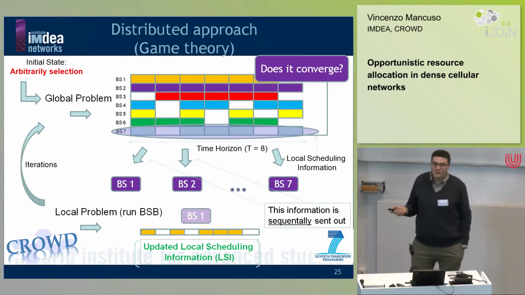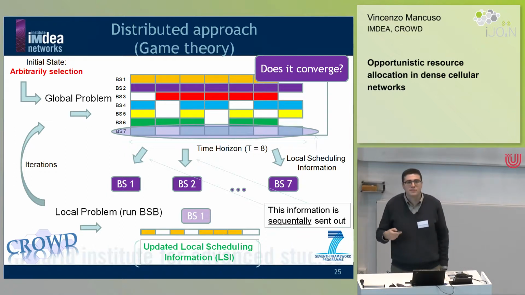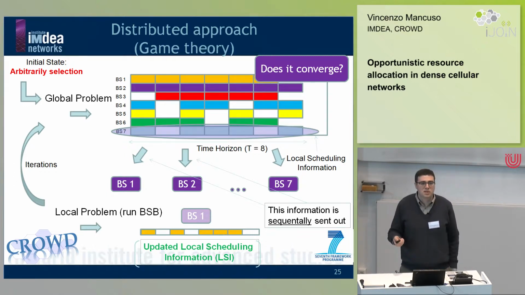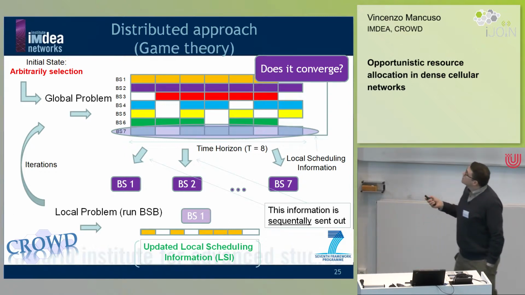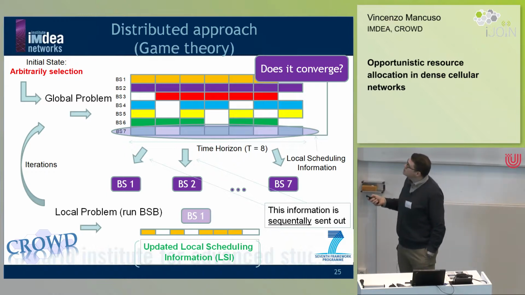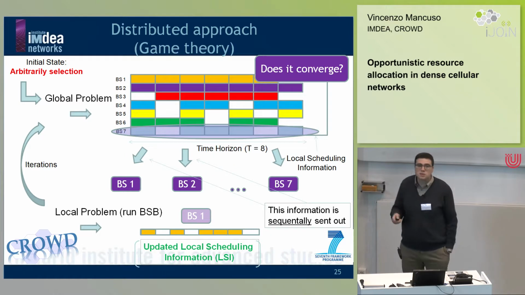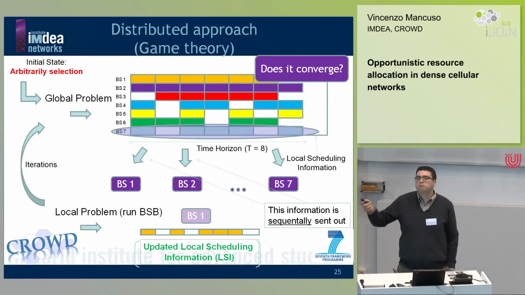We want distributed approaches because we want to avoid too much load on the base stations if they have to compute the scheduling of multiple users, including the users of the neighbors. That is going to be quite heavy. So imagine that we have these ABSF patterns that you want to optimize, but you let each base station announce the pattern it's going to use in the next n frames.